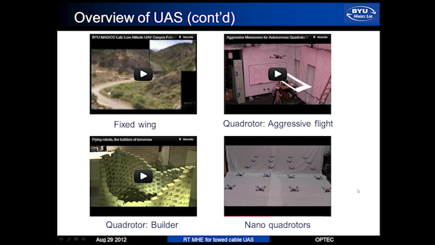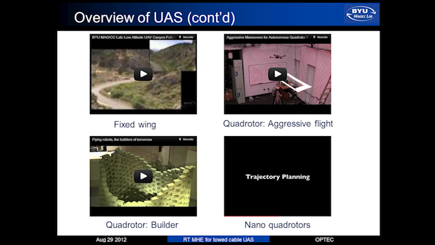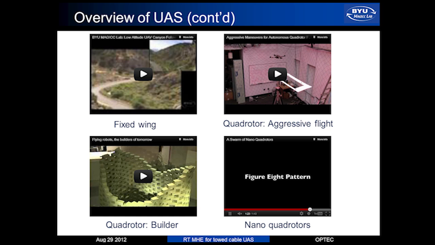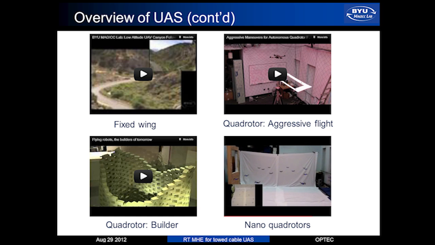There are 20 of these nano quadrotors. They can fly together and make different shapes. They can also fly in a figure-8 pattern. You can see a small one here. This is collaborative control using a computer.